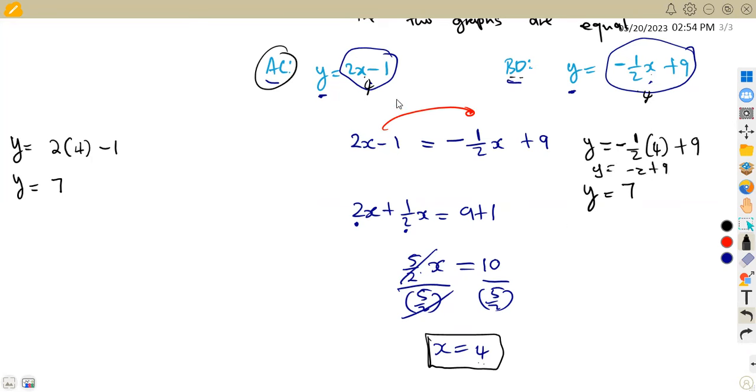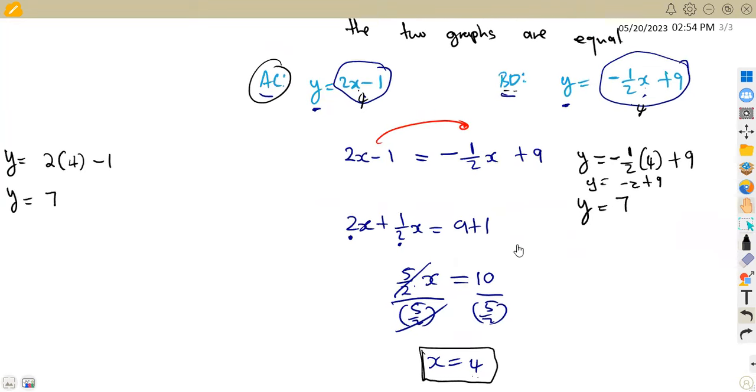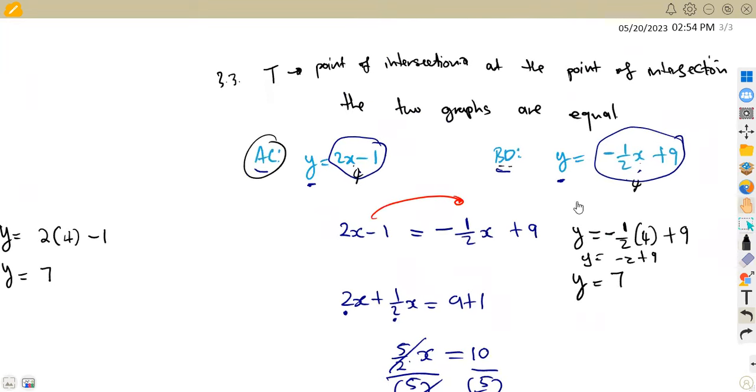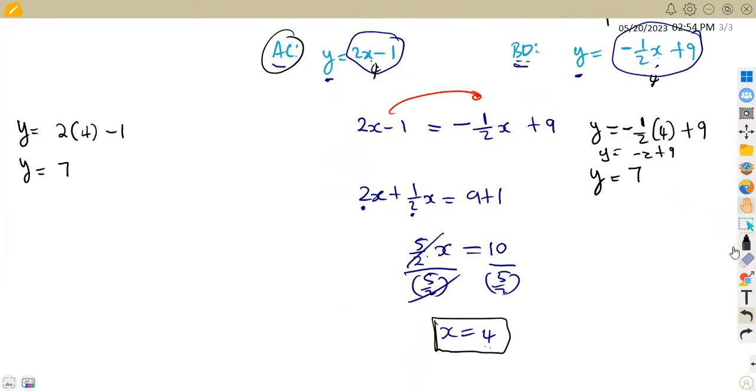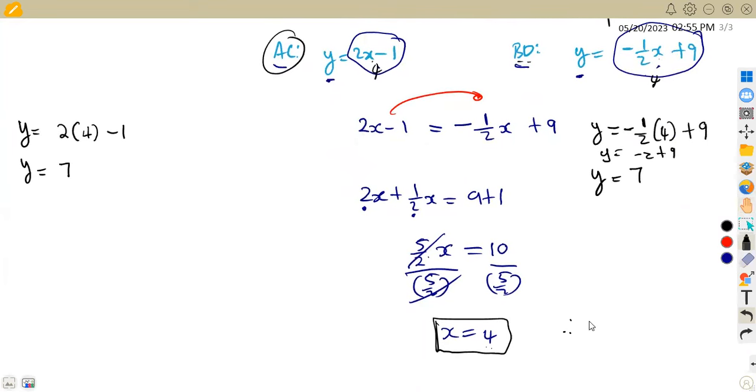So thus, therefore, the point T that we are talking about, which is the point of intersection, is made by two points, the x value, which is a 4, and the y value, which is a 7. From either equation, we obtain y being a 7.